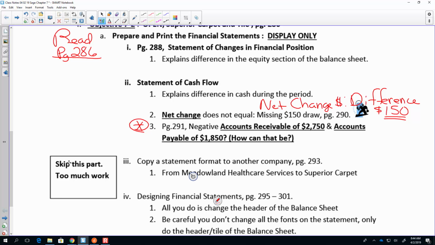What's the problem with those two numbers on that statement? What's the brackets mean? Negative. I can tell you this, those two numbers should never be negative.